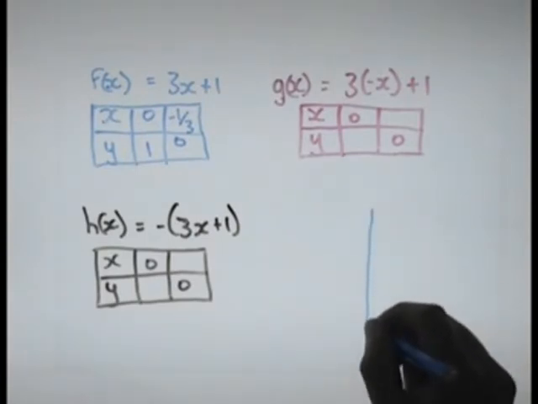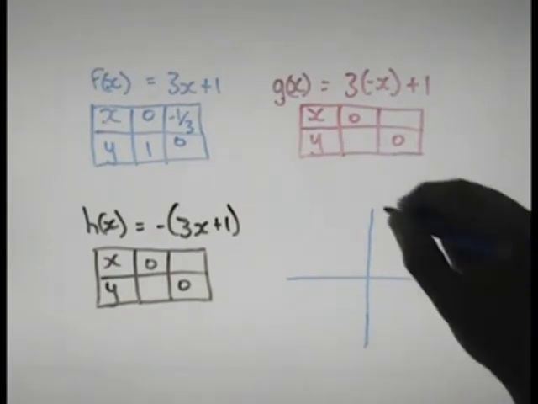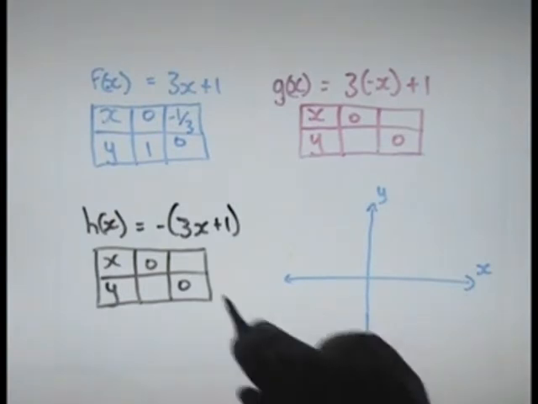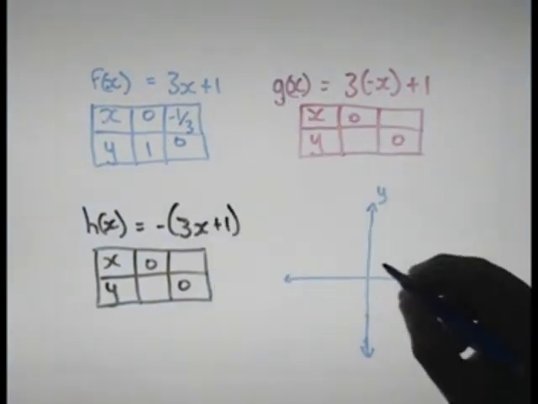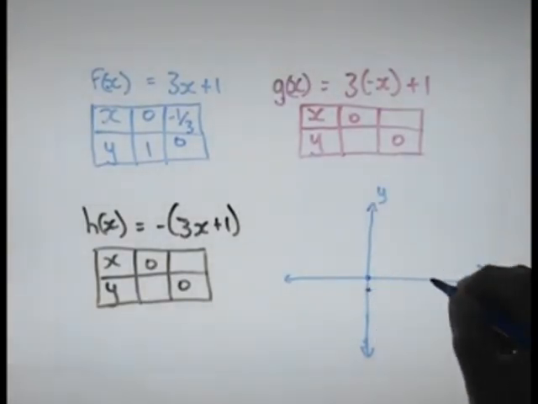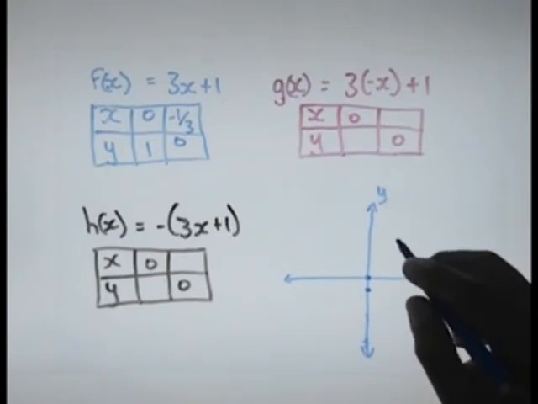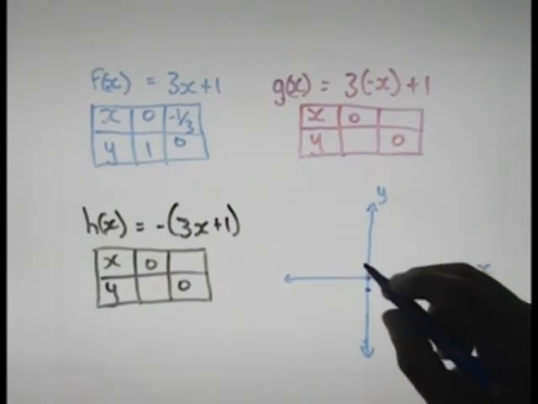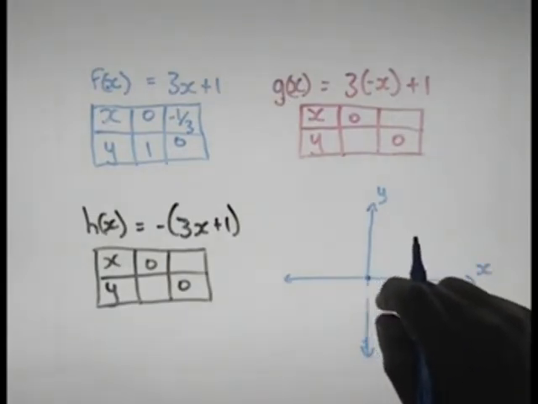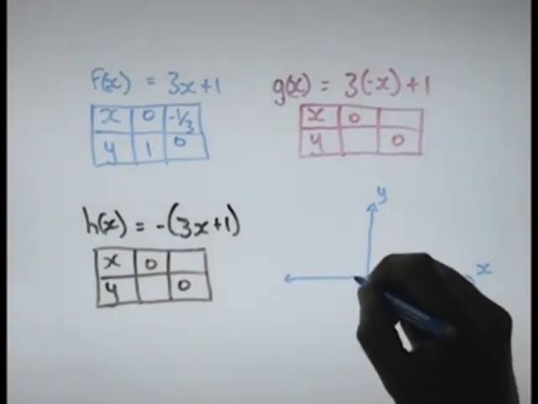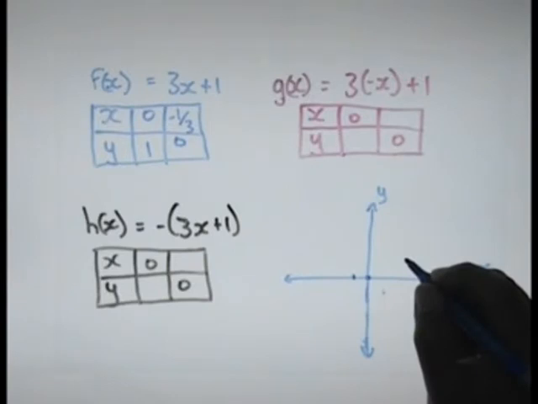I'm going to draw my axis, and I'm going to start by sketching that graph. X-axis, y-axis. When y is equal to 0, x is equal to -1 over 3, that's over there.